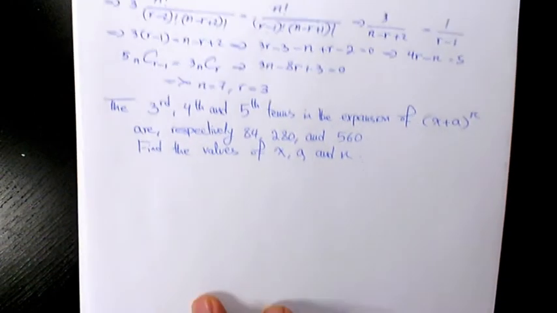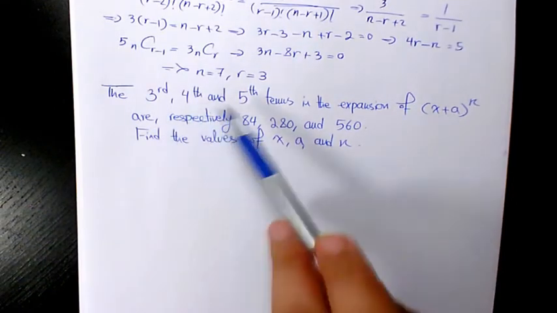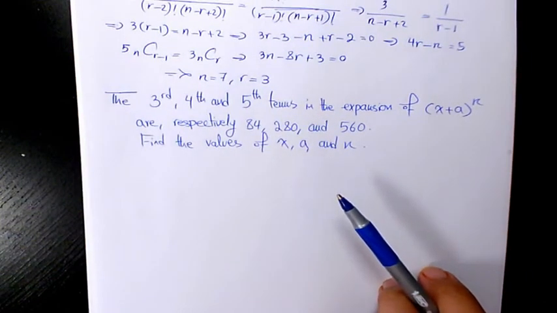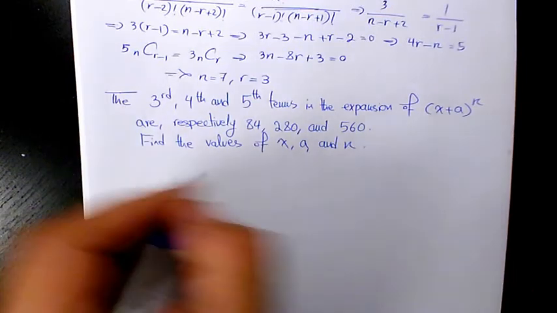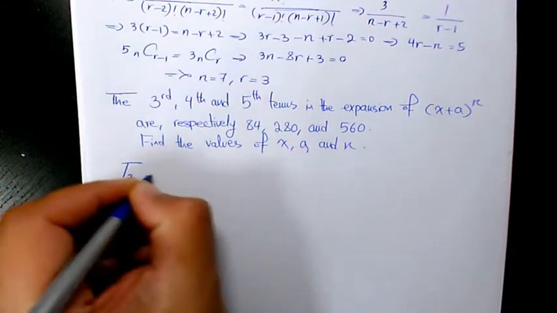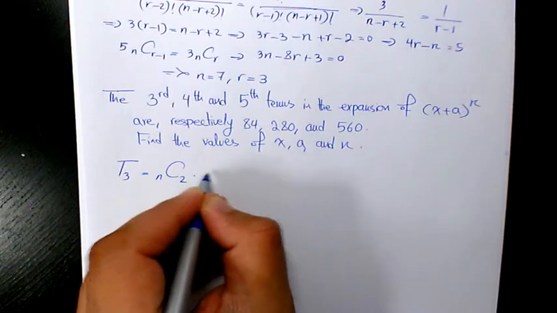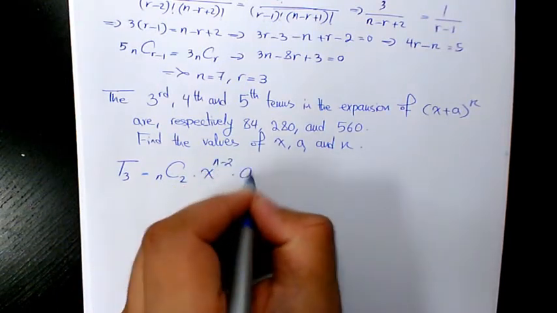Let's look at the next example. It says the third, fourth, and fifth terms in the expansion of x plus a to the power of n are respectively 84, 280, and 560. Find the values of x, a, and n. Okay, so T3 is going to be nC2 times x to the power of n minus 2 times a to the power of 2.